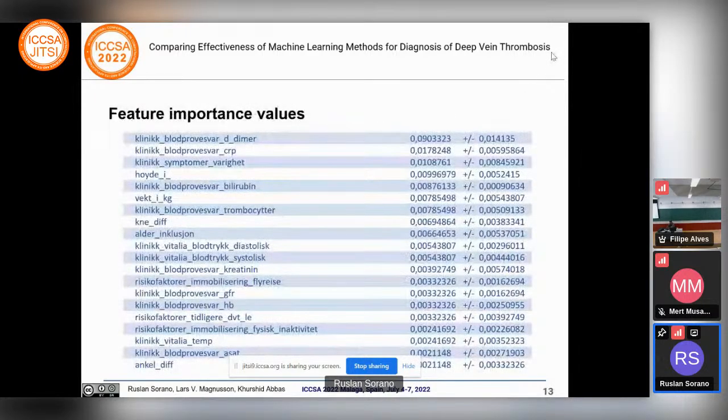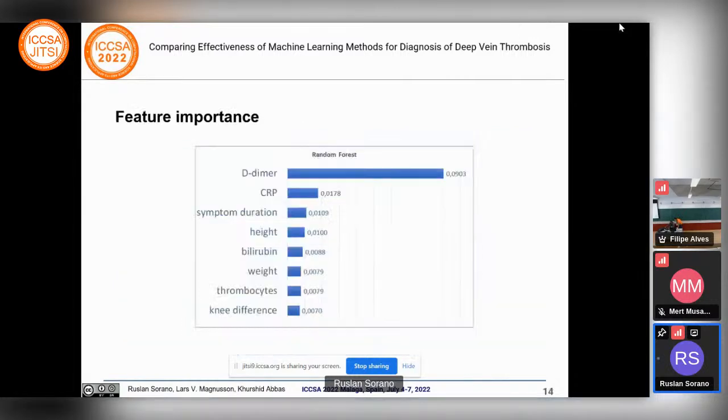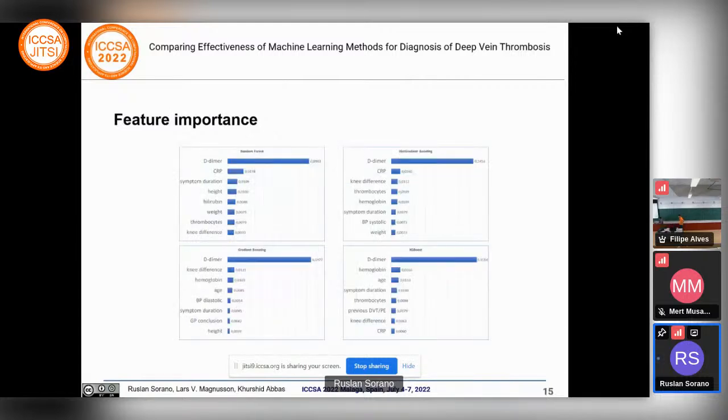At the next step, we inspected feature importance for our fitted estimators. We used a model-agnostic permutation technique. So we output the features according to their scores. And I'll just try to quickly go through images. The D-dimer blood test showed the most importance, and that actually was the same with all 4.